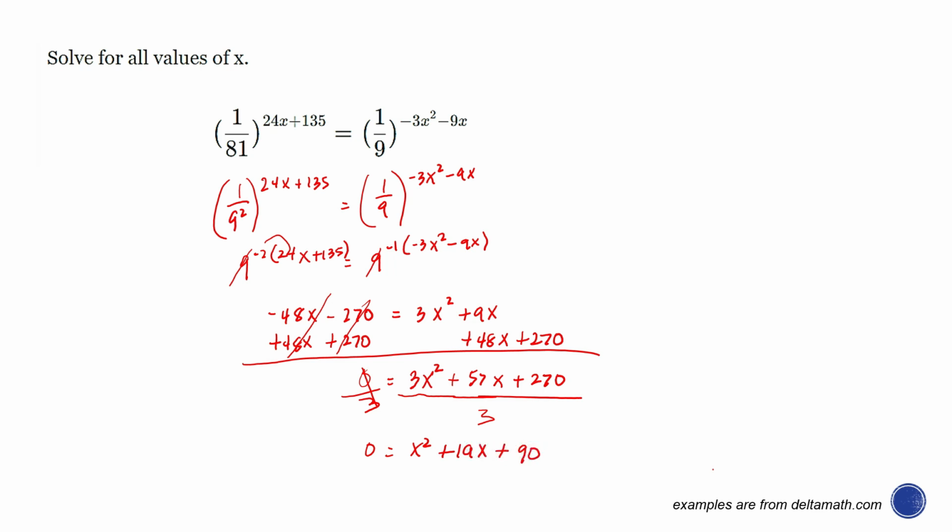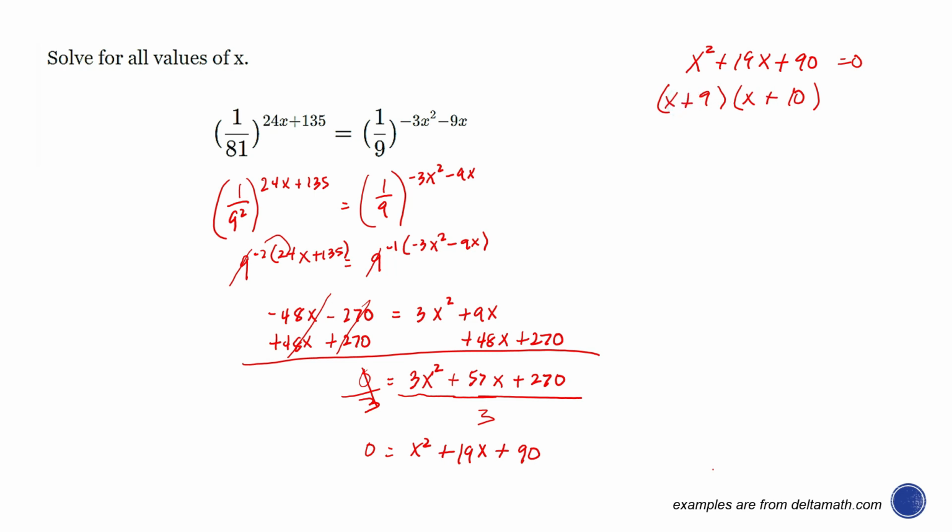Now look at that. I think here the answer is so obvious. So we have x squared plus 19x plus 90 equals 0. Using factoring, we can solve this. Find the factors of positive 90 that add up to positive 19, and that's 10 and 9.